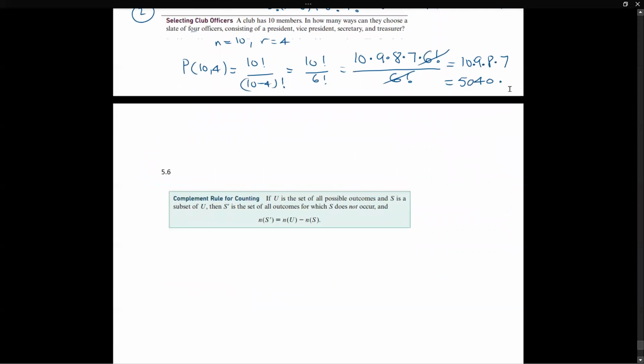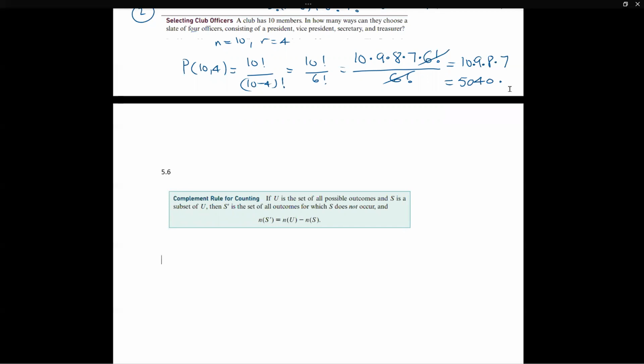Section 5.6 has just a complement rule for counting, and it's a straightforward formula. I think once you need it, you will use it. But for these two sections, 5.5 is the one in which you're going to do a lot of different examples.